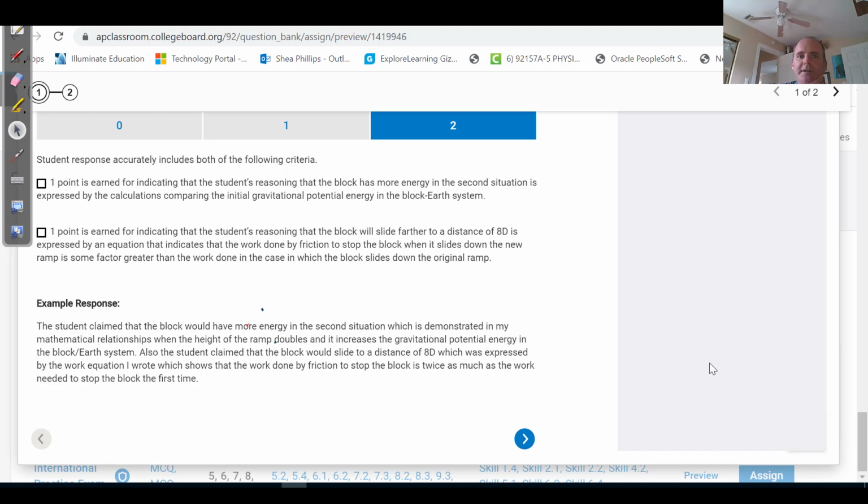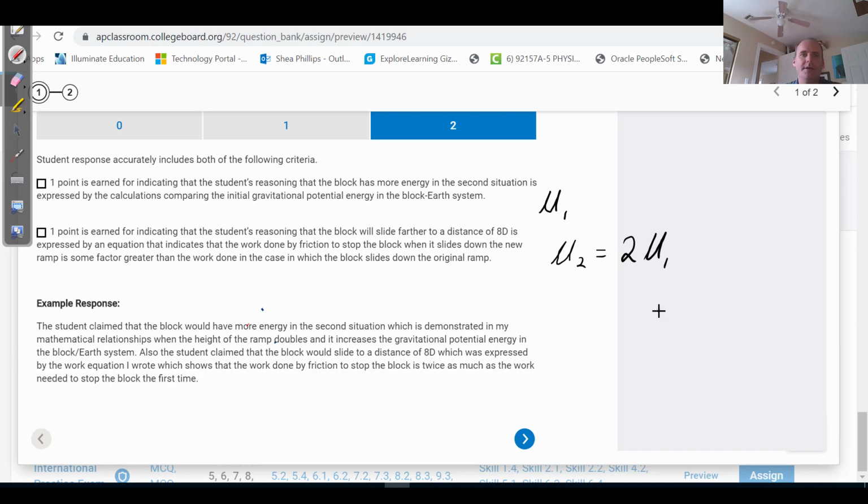One point is earned for indicating that the student's reasoning that the block has more energy in the second situation is expressed by calculations comparing the initial gravitational potential energy in the Earth-block system. Really easily said, like U of 1, your second potential is equal to double your first potential energy.